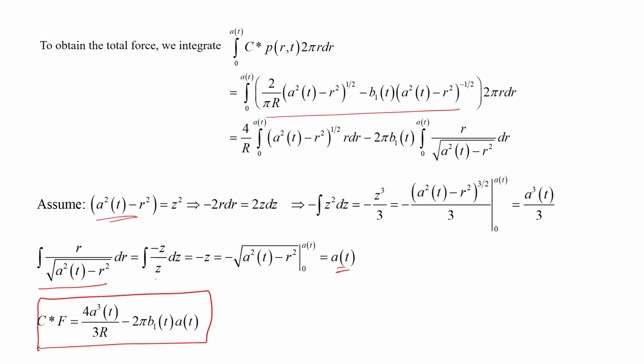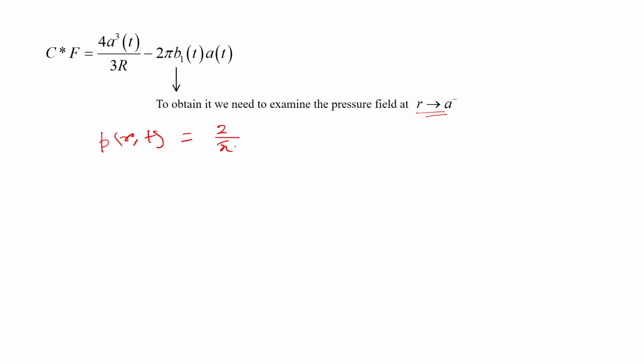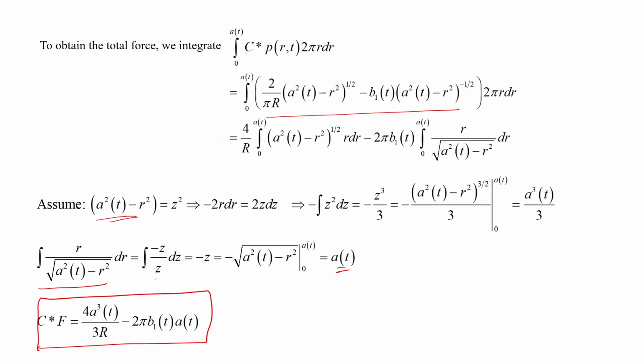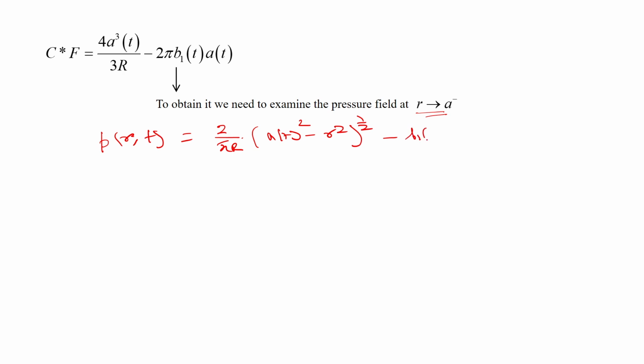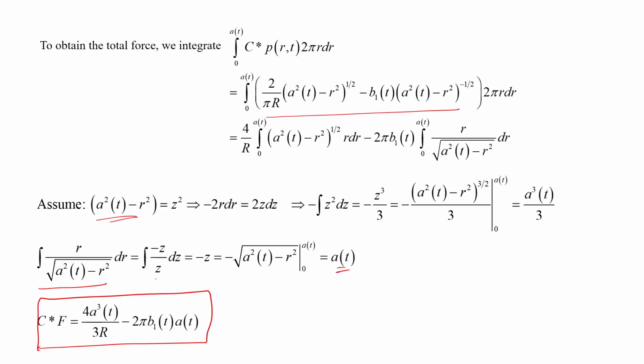So this is 2 by pi r, and square root of a t square minus r square, and minus b1 of t times 1 by square root of a t square minus r square. This is the pressure field that we have obtained. This is C star 2 pi r. So it is not the pressure field, it is C star into P r, so I have to multiply it by 2 pi r.